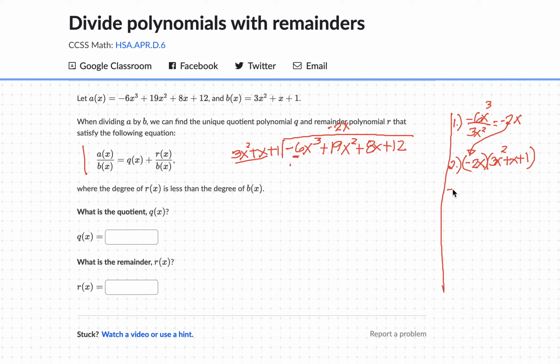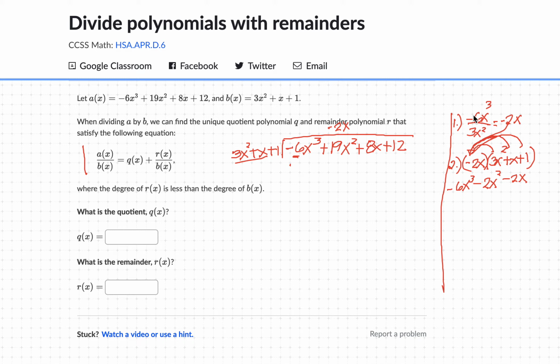So I'll just have my negative 6x cubed. That's from this part. And then for my second term, I'll multiply my negative 2x to my positive x, giving me a negative 2x squared. And then my last term will just be a negative 2x.